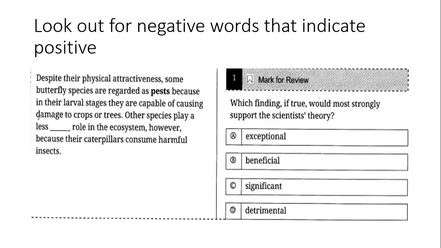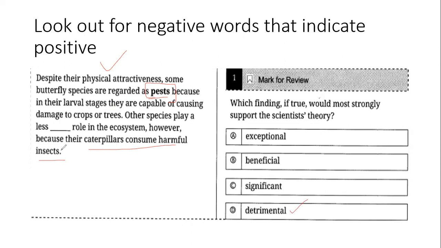You're only reading this part, my dear. The pest is also here, waiting over here. Overall, first look at the first part of the paragraph. Here comes the second part: other species play less detrimental role in the ecosystem, however, because their caterpillars consume harmful insects. So detrimental means damaging, harmful.